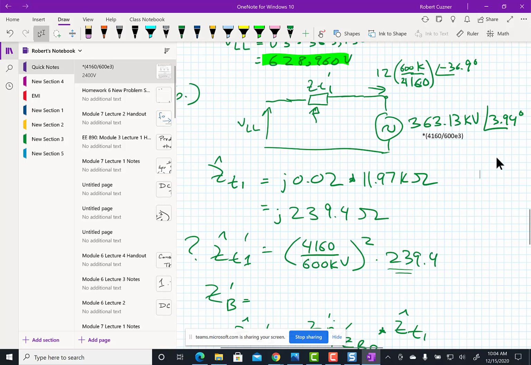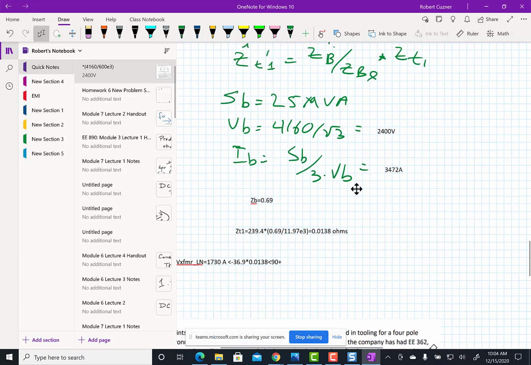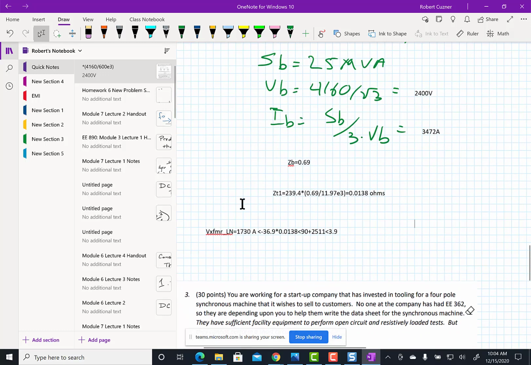So 363.13 times 4160 divided by 600 e to the 3 is 2511, with a little bit of an angle, 3.9, okay? And again, if everything had gone perfectly in the exam, this was doable, but that's why I let you guys have time on this.